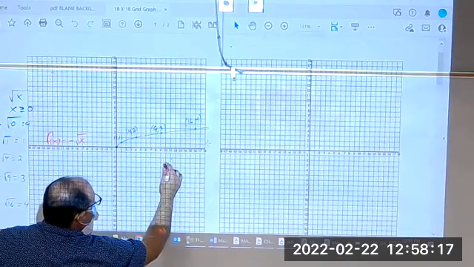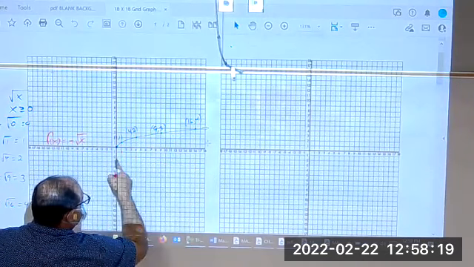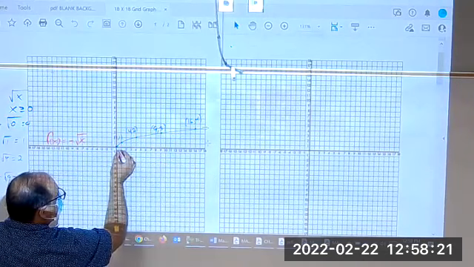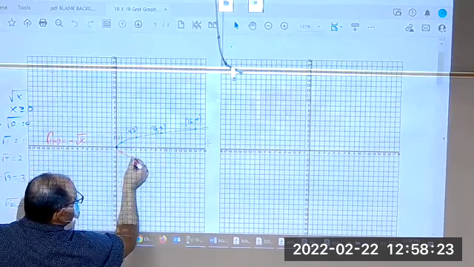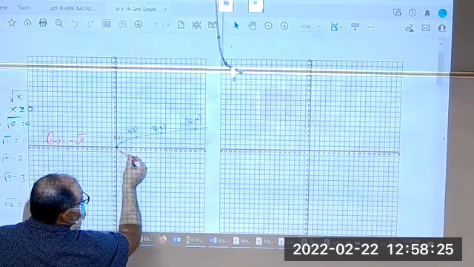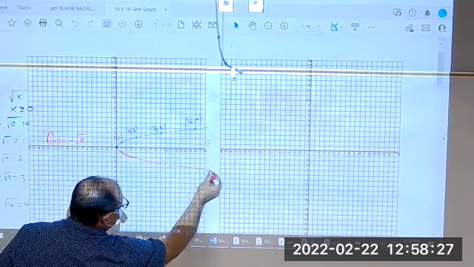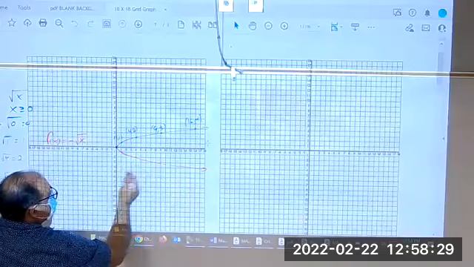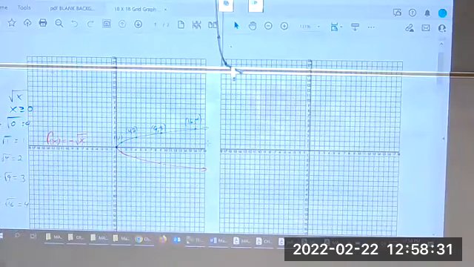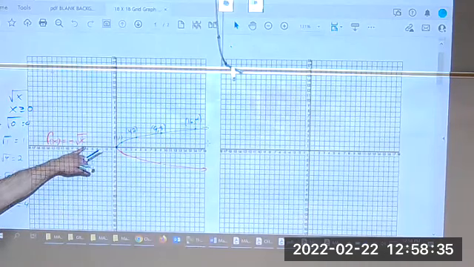They would reflect down here. Reflection across the x-axis, because I put a negative in front of the function.